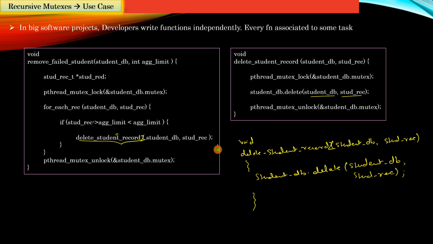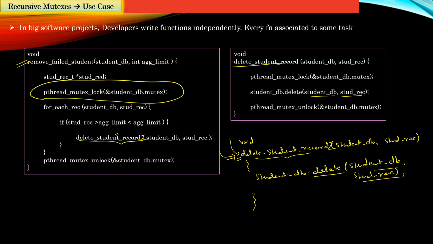So you can see that this is the version 2 of the API delete student record. And in this API, we simply delete a student record from the student database without locking any student database mutex. And remember, this API was introduced for only one reason, and that reason was that this API could be called from those APIs which lock the mutex already. Alright, so this is a valid solution.